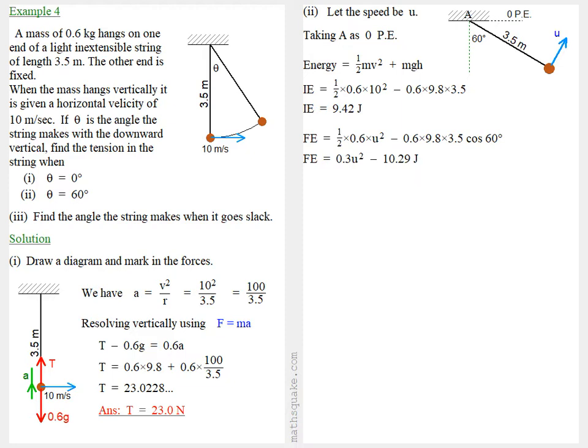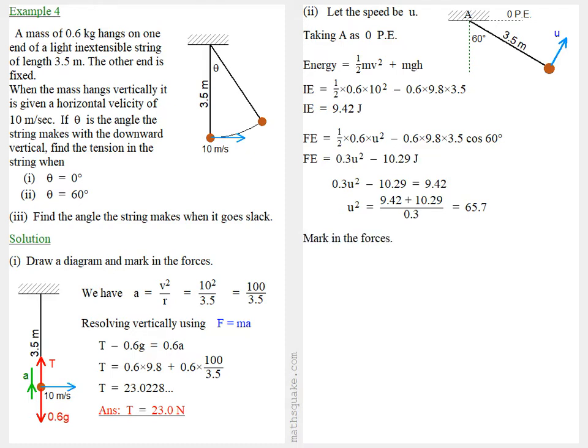Now we know the final energy is equal to the initial energy, and that gives us 0.3 u squared minus 10.29 is equal to 9.42. In other words, u squared is equal to 9.42 plus 10.29 all over 0.3, which works out to be 65.7.